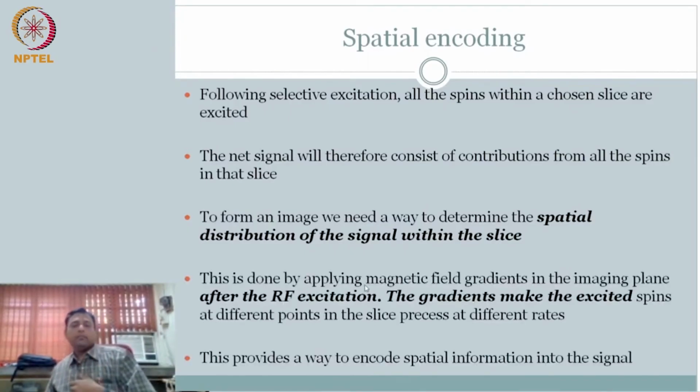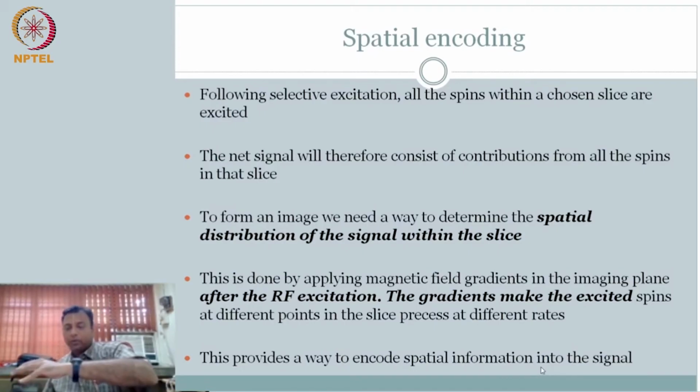We'll again do the same thing. We have the gradients in the two other directions, the x and y. This is the imaging plane xy. After you apply the excitation and the RF selection, at that time we applied only gradient Gz, and Gx and Gy were zero. Now we will make Gz zero, since you have already selected the slice, which is what is giving the signal.